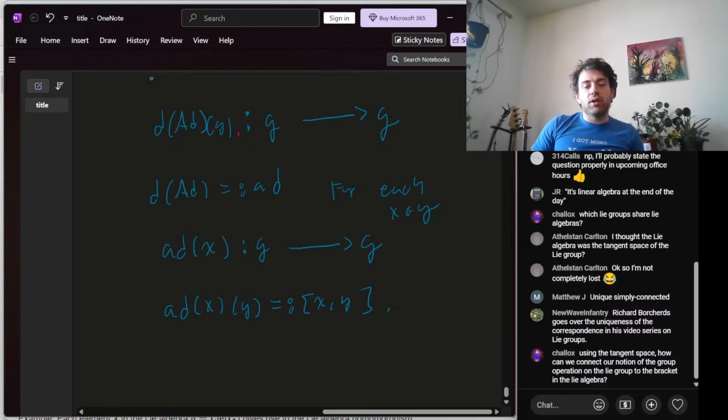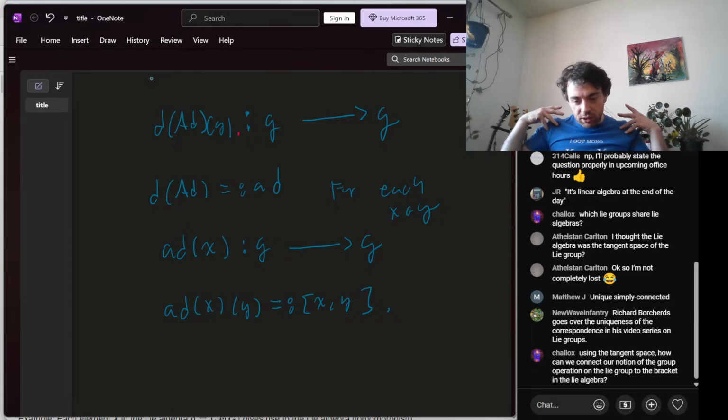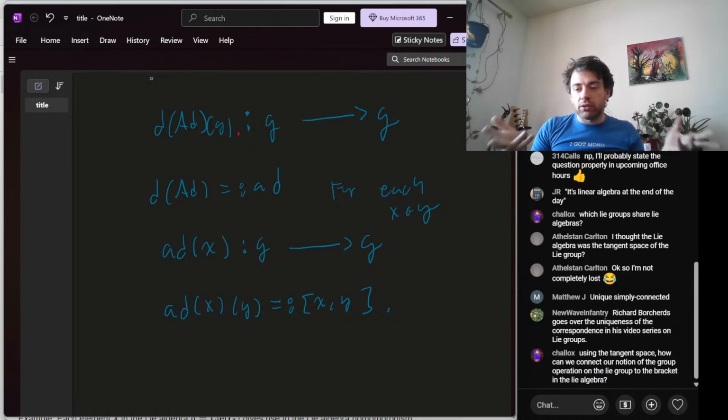So the Lie bracket comes from conjugation, an extremely natural thing to consider when studying groups. In general, this is a very useful tool for understanding their structure. So we take that idea and study it in the context of Lie groups. Maybe that's very complicated, but we can differentiate everything to get stuff down on the level of Lie algebras, and that's what gives rise to the Lie bracket.